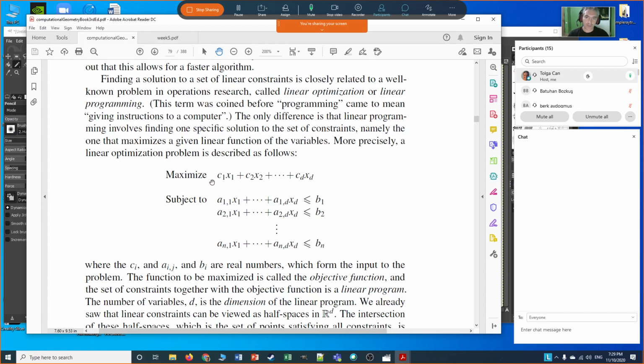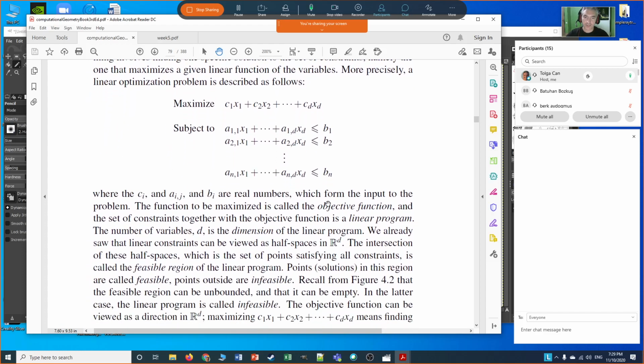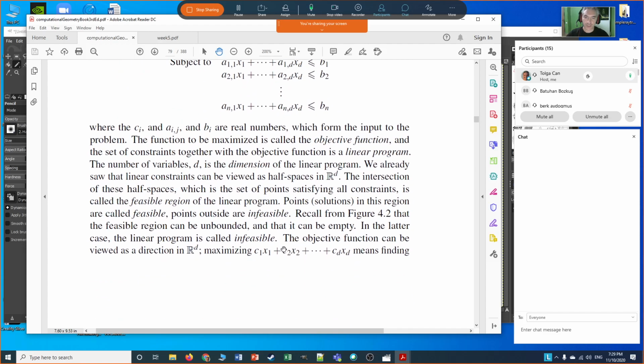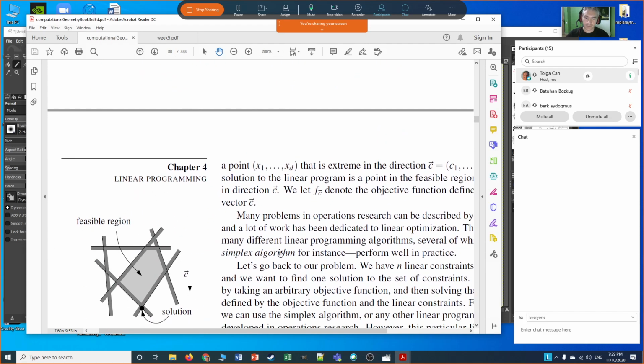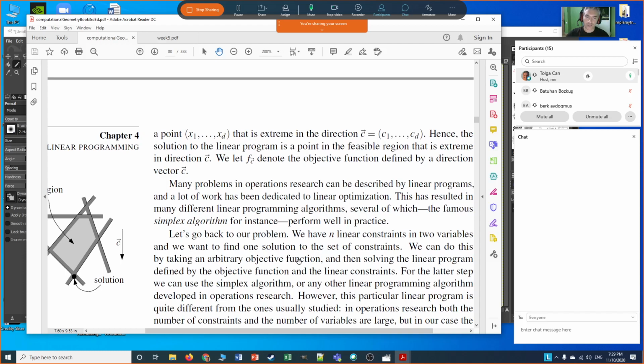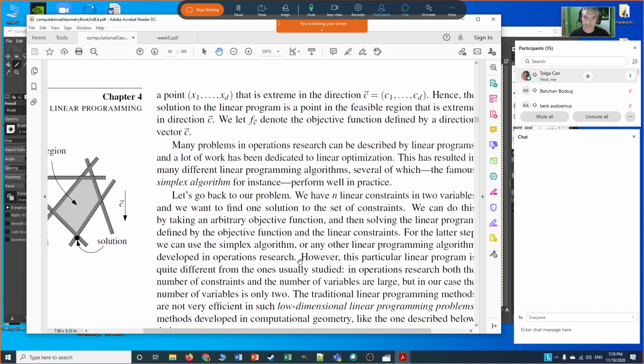And we have an optimization function which tries to maximize a certain linear combination of these unknown variables. So in the two-dimensional case, we're just going to have a problem in which we are solving things like 2x plus 3y is less than 5 and things like that.